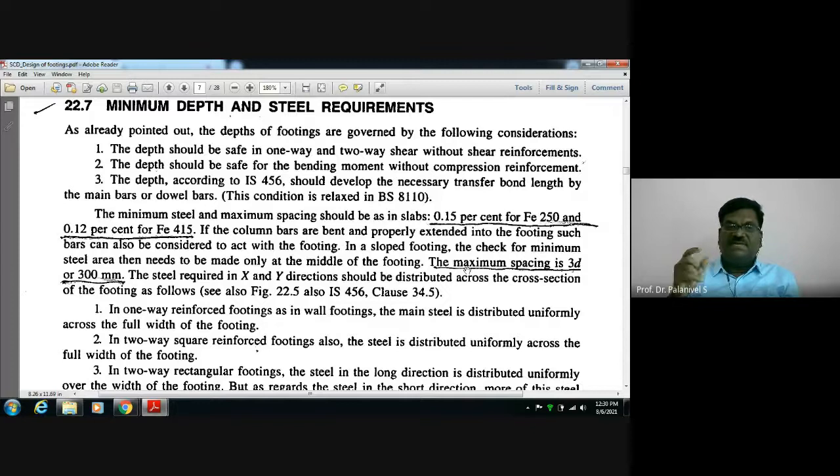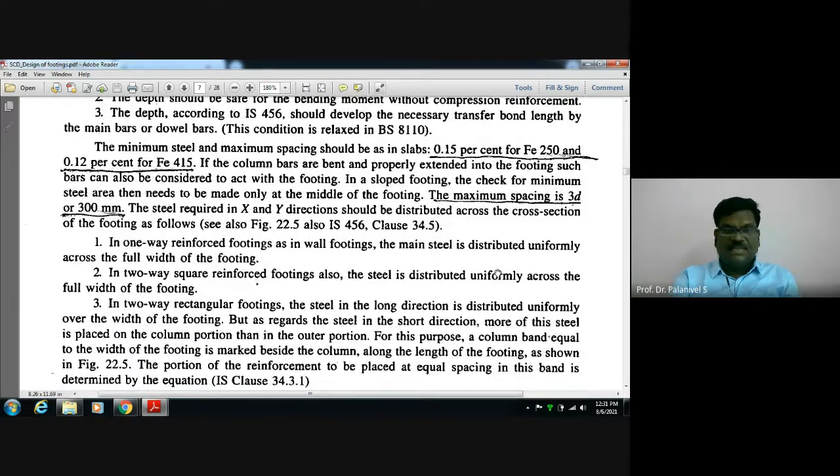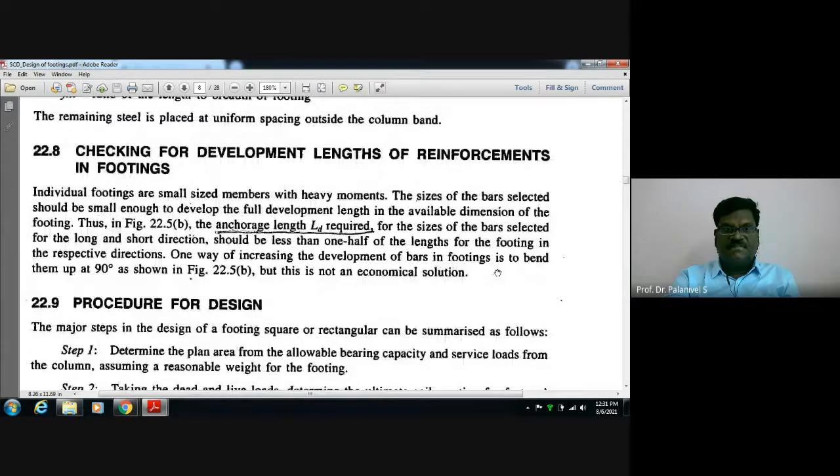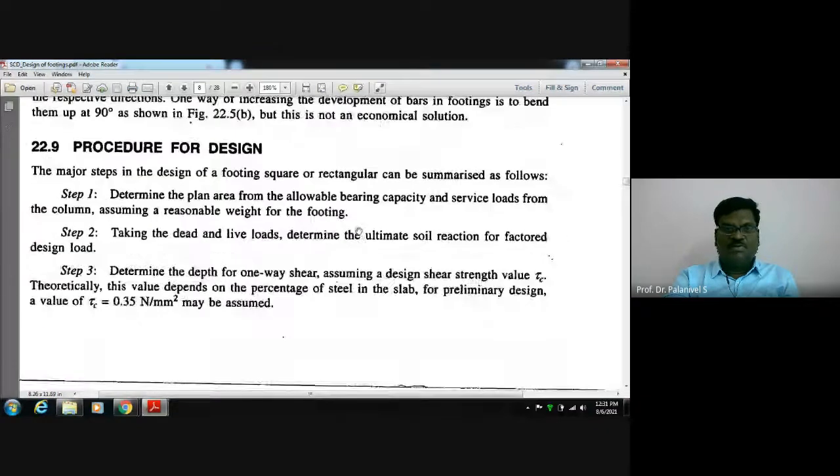Sorry, it is the maximum spacing between the bars. The spacing between the bars should not exceed 300 mm or 3D. The other discussion points are not necessary. I will skip. Anchorage length Ld required: that also you can see while working out a problem.